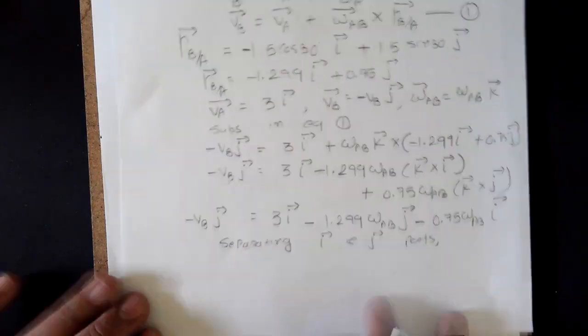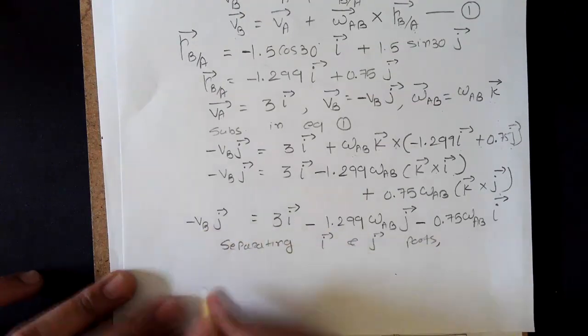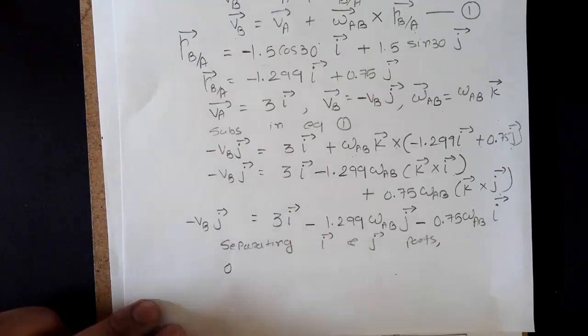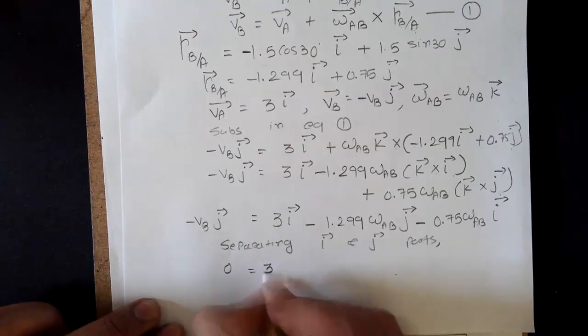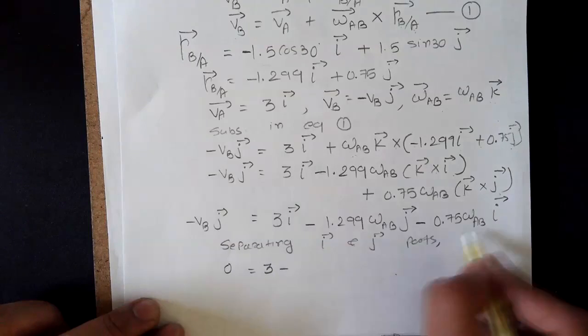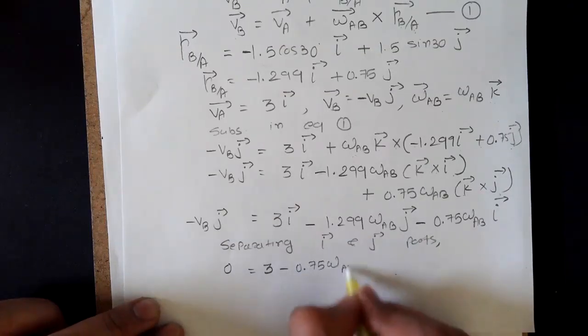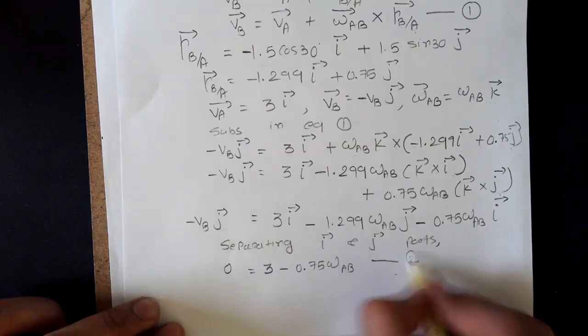When we do this, let's do it for the i part. There is no i part on the left side of the equality sign, so it's 0, then it's 3, and then this is the i part, so it's minus 0.75 omega AB, and let's call this equation number 2.